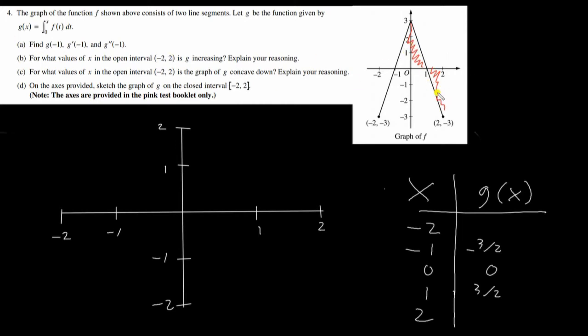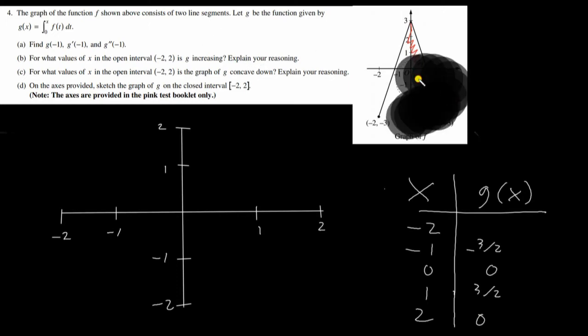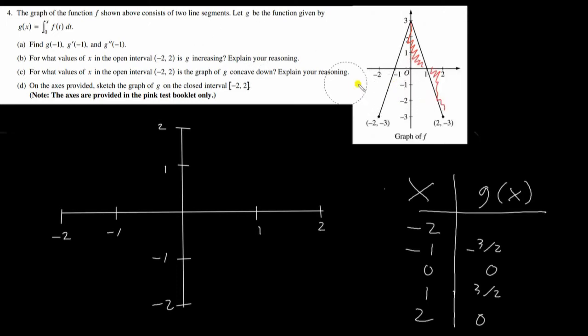When you add these two up, they're going to cancel each other out and you're going to get 0. The same logic is going to apply on this other side. You have this and you have this, equal in magnitude, opposite in direction. They're going to cancel, they're going to come up to 0, right?